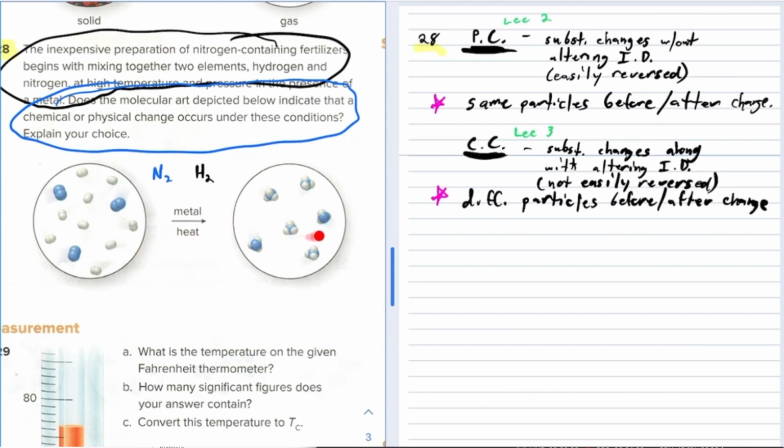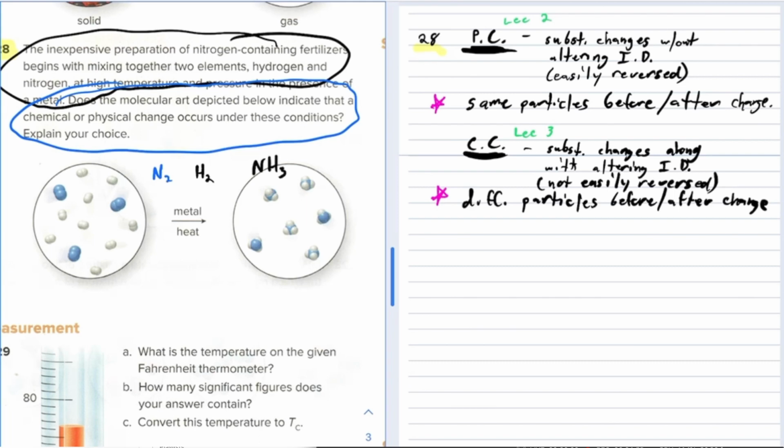So looking on the right, after the change, all of the particles look the same. And each particle contains nitrogen and hydrogen atoms. And if you count up the atoms, you'll see that each one has 1 nitrogen atom and 3 hydrogen atoms. And so I would call this NH3.